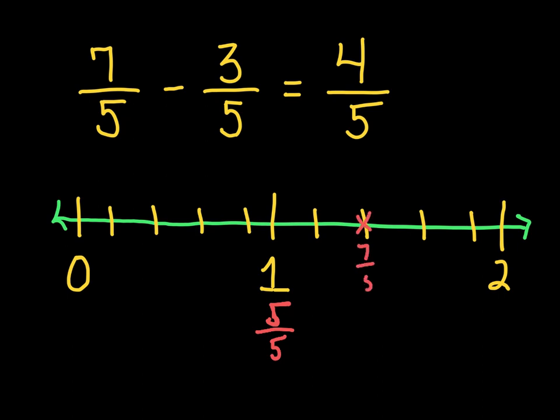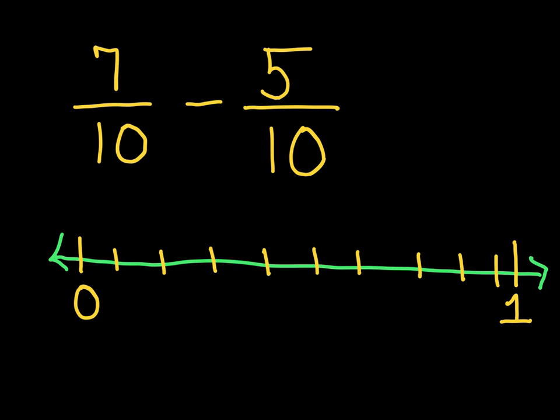But I'm subtracting, and I'm moving down 3/5. So here we go. We got 1, 2, 3. So we went down by 3/5, and we landed on 4/5. So this is a way of showing how 7/5 minus 3/5 equals 4/5 by using a number line.